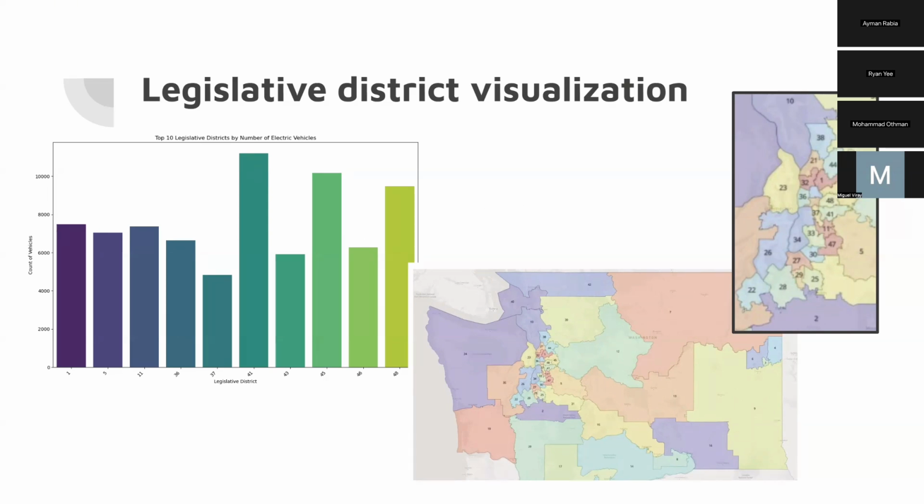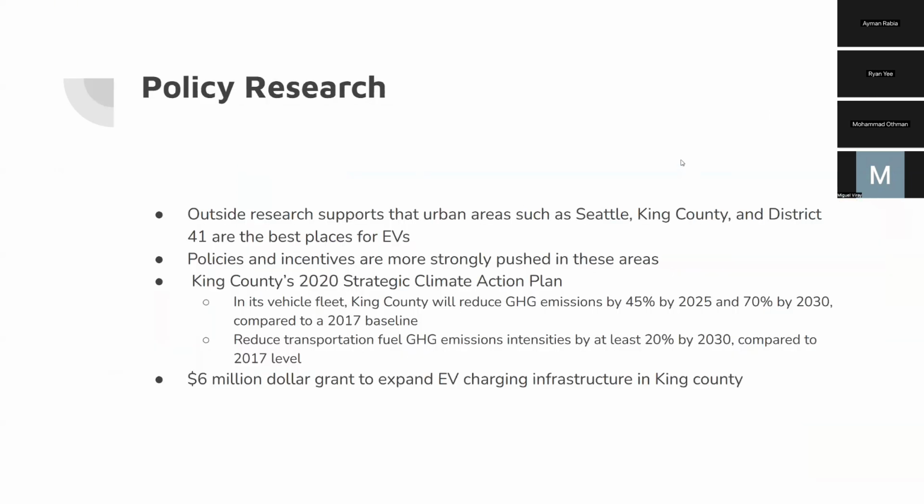So next slide. We did some outside research that shows the policies are more statewide, but they're focused on urban areas like King County. King County has an action plan that they enacted in 2020 that is aiming to replace most of its county fleet to electric vehicles by 2025 and 2030.